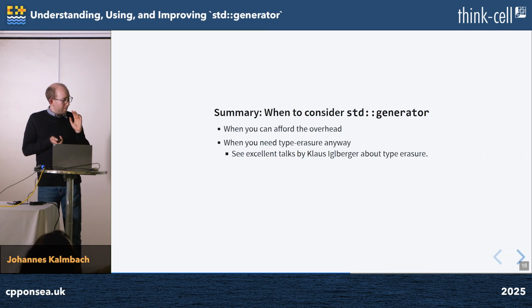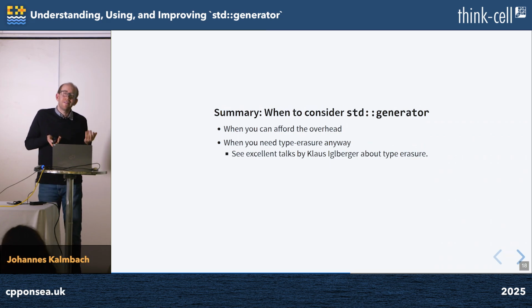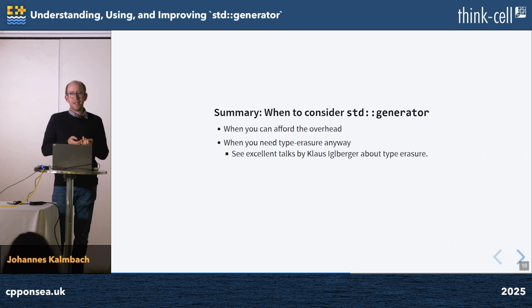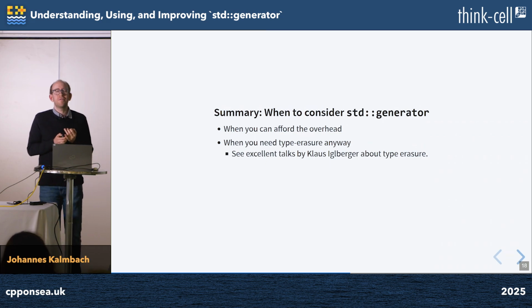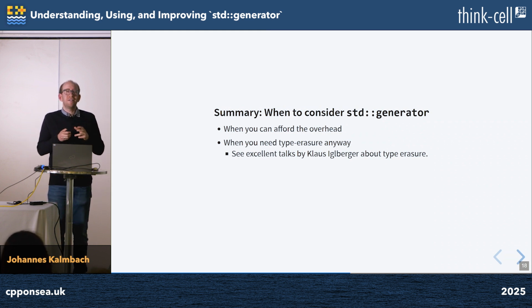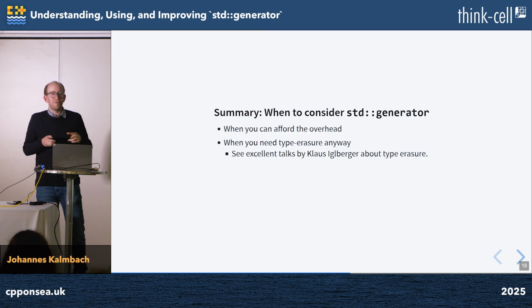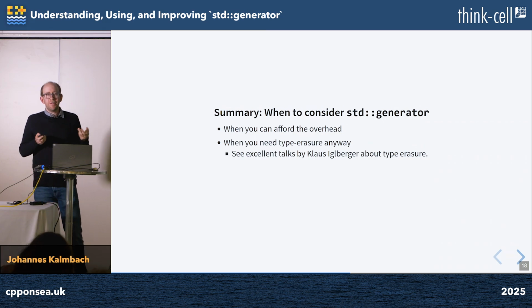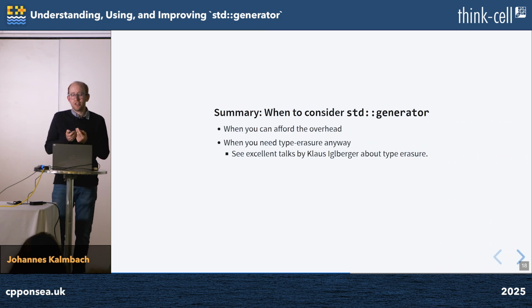That is a second point, a variation of this. You need type erasure for some reason, either because you can only have something at runtime or also to keep compile times at bay. Because I don't know if you've seen, if you have very deeply nested templates, like deeply piped ranges, for example, join view, filter view, transform view of everything, or also this might happen with deeply nested senders and receivers if you're on the really bleeding edge of the standard.